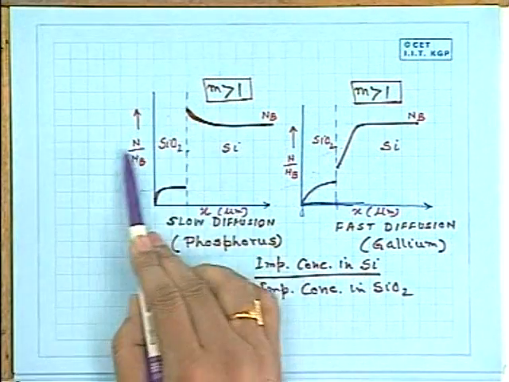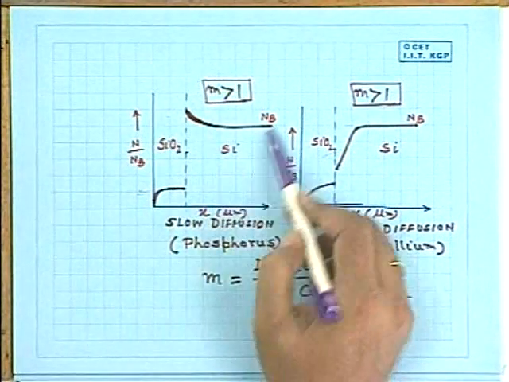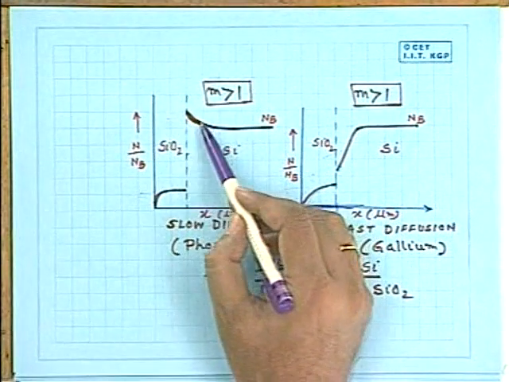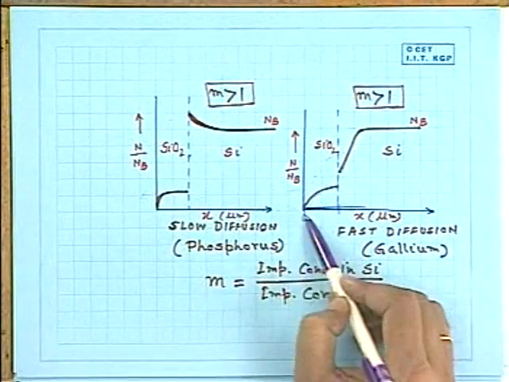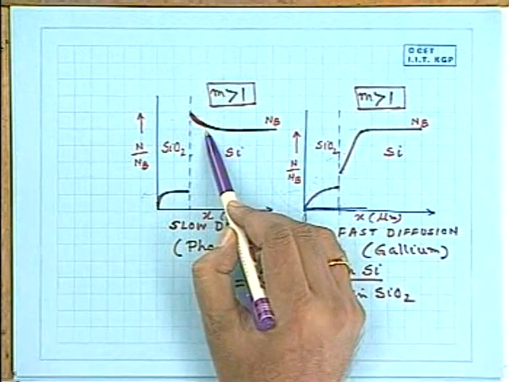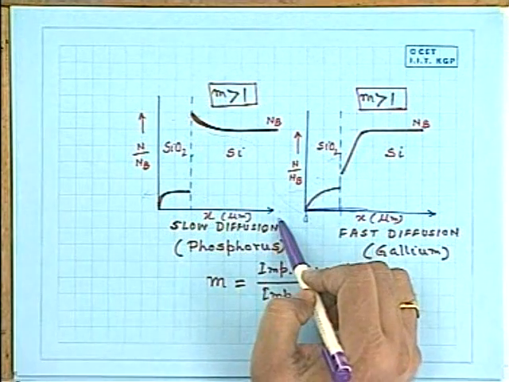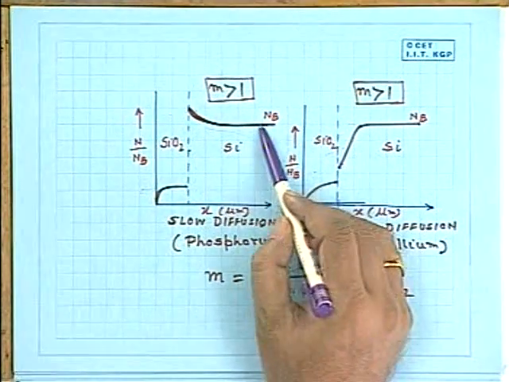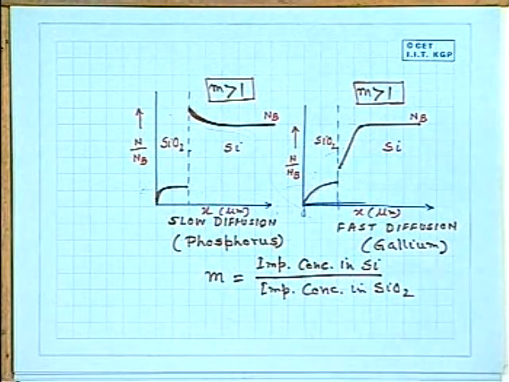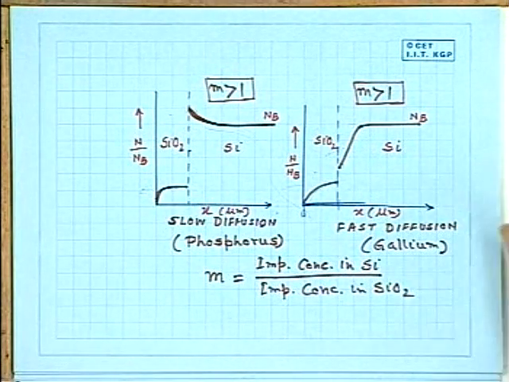Then this part will not be there, it is only this part, and at the surface there is a lot of accumulation, and after that it will gradually fall like this. So here is the flat surface, it will accumulate near, then some kink, and then something like this. At a larger depth it will fall like that. This is the redistribution of impurity atoms during the drive-in diffusion process, and the diffusion profile takes different shapes. This is all regarding the profiles.